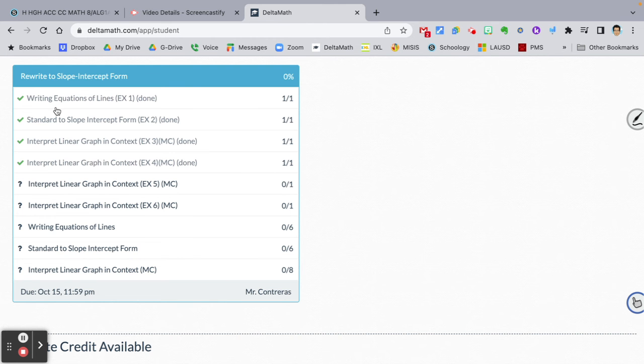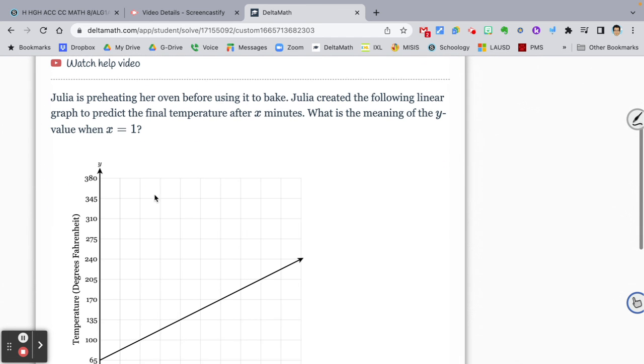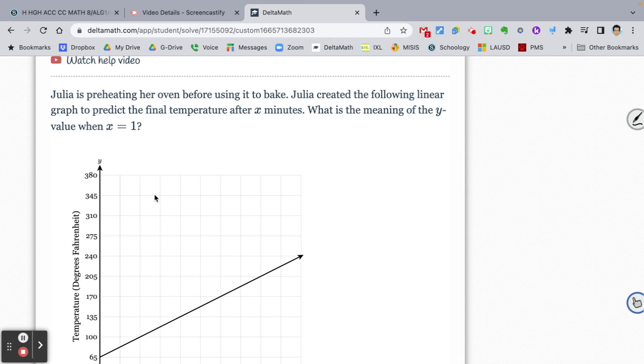2 more to go. Interpret linear graph. Julia is preheating her oven before using to bake. Julia created the following linear graph, because we all make linear graphs when we bake, to predict the final temperature after X minutes. What is the meaning of the Y value when X equals 1?